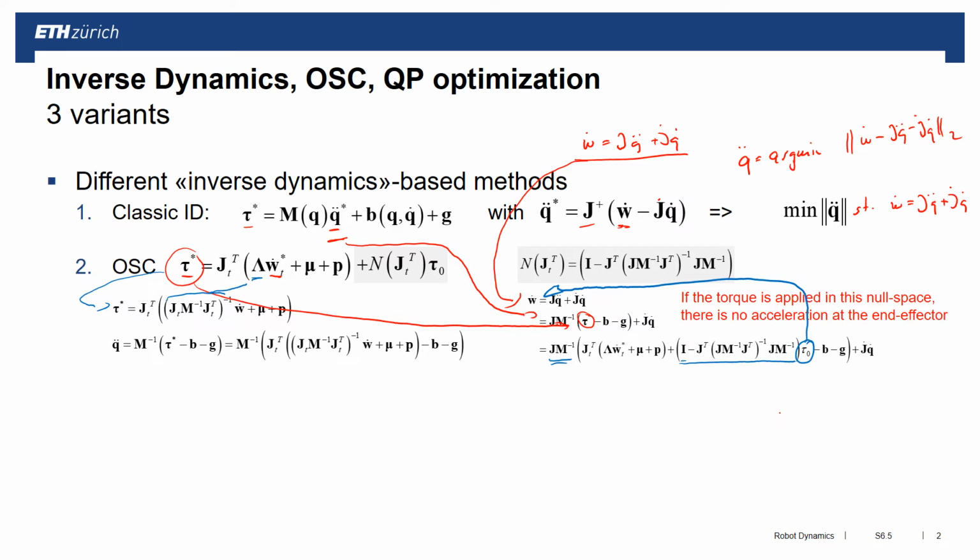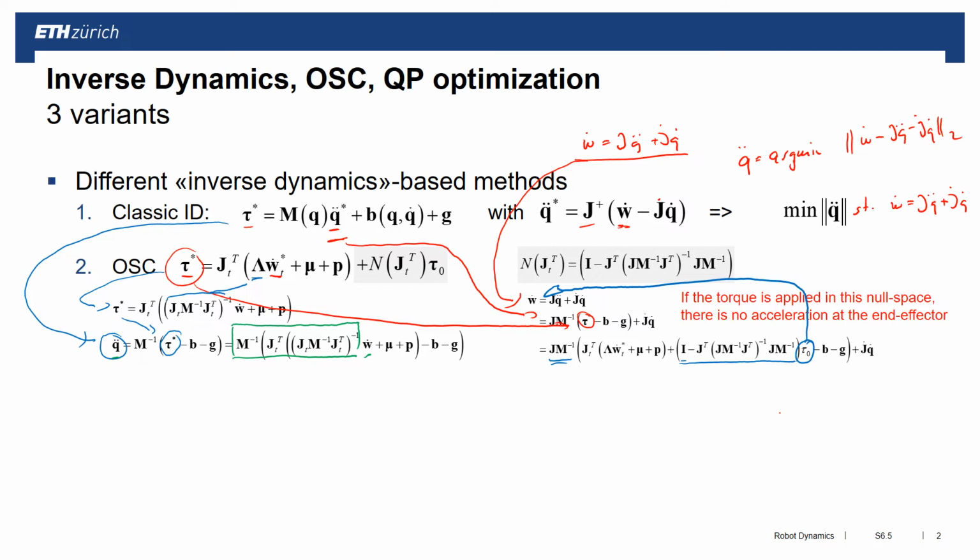And now we take the q double dot, which we again get from this upper equation, and we insert this torque in here. So what we have here is M minus 1 J transposed times this lambda matrix. And this is nothing else than describing this mapping here, which maps w dot to q double dot.